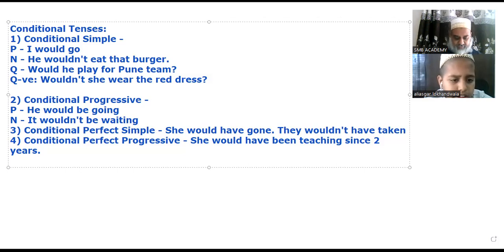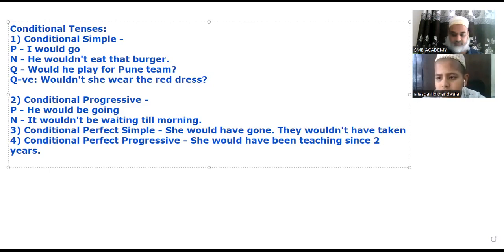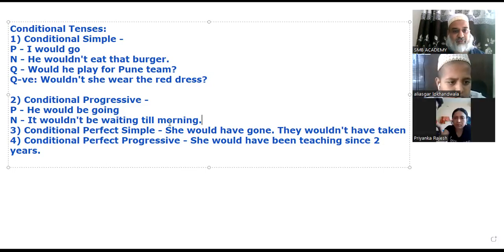It wouldn't be waiting till morning. तो morning तक शायद नहीं रुकेगा, है ना? It wouldn't be waiting for morning. So what is the difference between it would not wait till morning and it wouldn't be waiting till morning? Same है ना? Yes, sir. Same, right?